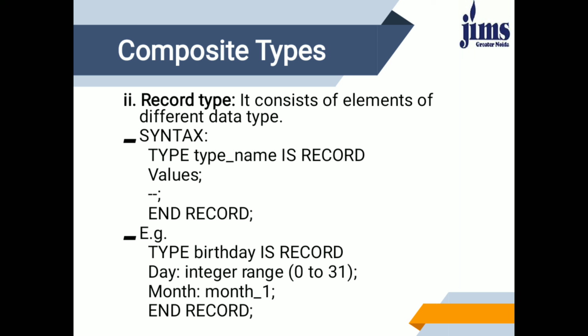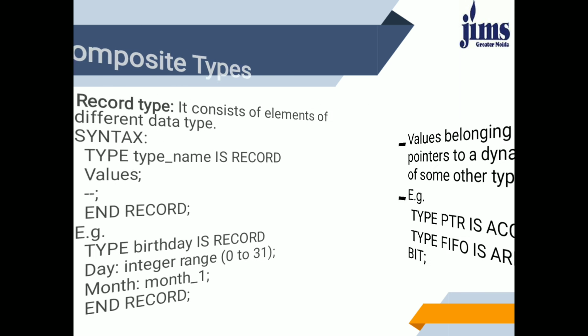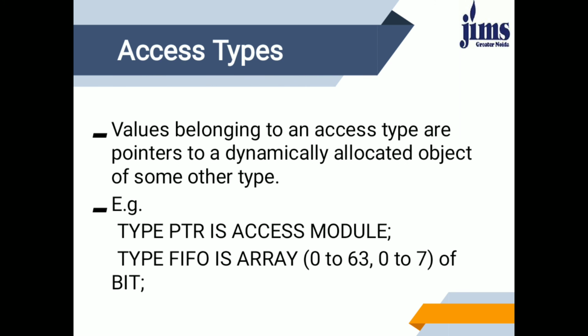For example, type date is record day, which can be defined range, month name, year. Here year ranges from 0 to 4 digits, where month is categorized according to their name, and day categorized according to 1, 2, 3 date means. So in this way we can define the record type.